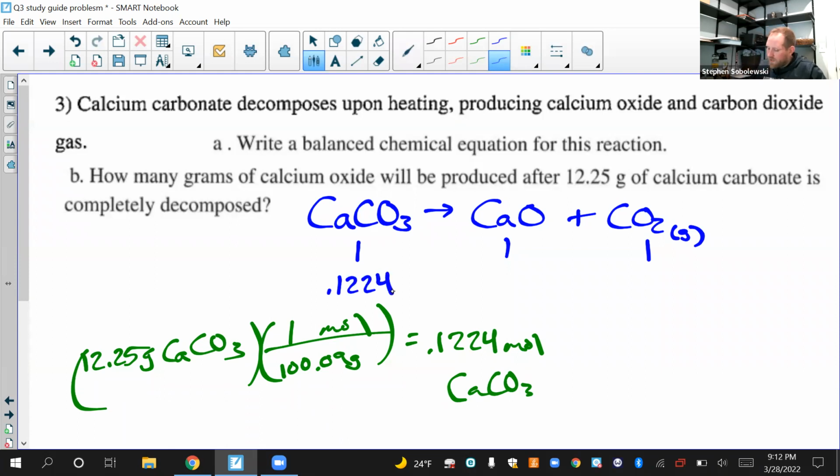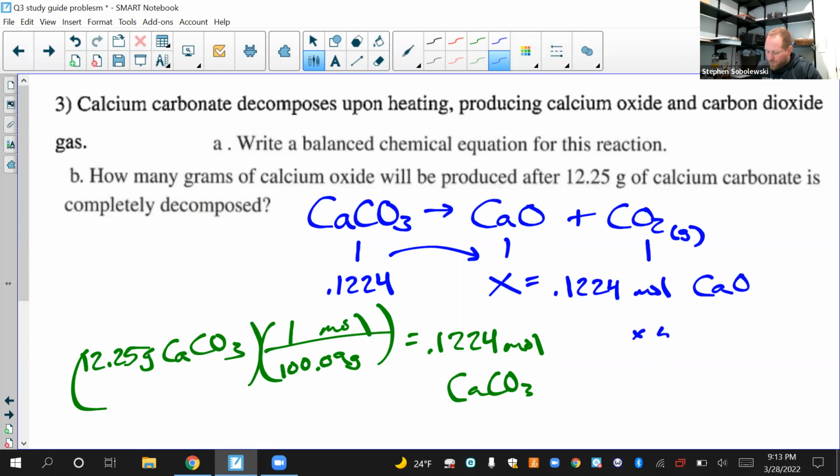And we're looking for how many grams of calcium oxide. That's right here. So now we apply our mole ratio. Notice the mole ratio is 1 to 1. So X is going to be the exact same number. It's 0.1224 moles of CaO because it's a 1 to 1 mole ratio. And now we're going to find grams of that by multiplying by the molar mass, not the same molar mass, but now it's the molar mass of CaO, which is 40.08 plus 16.00.